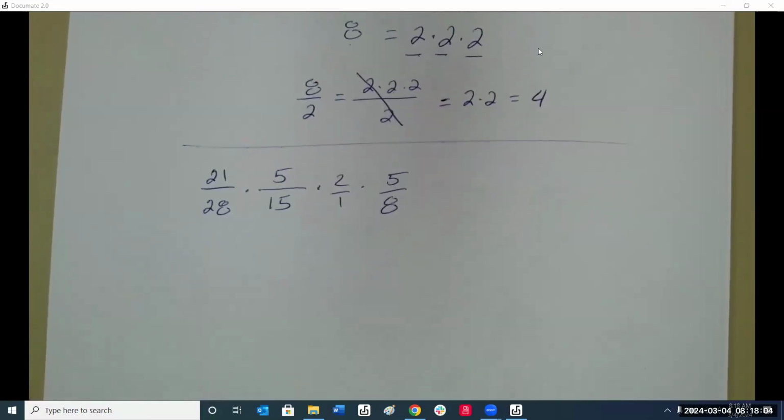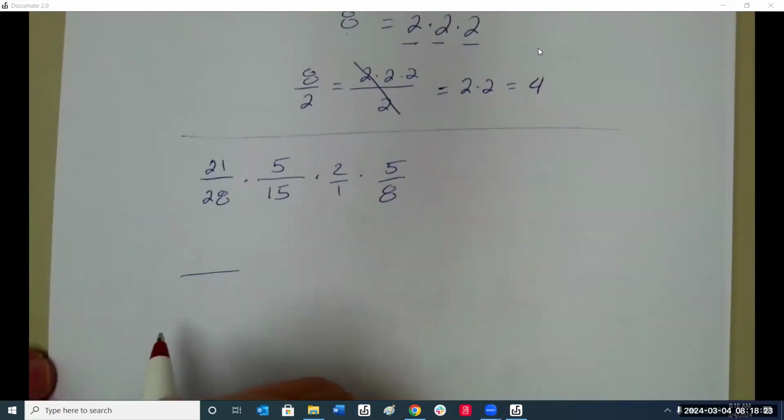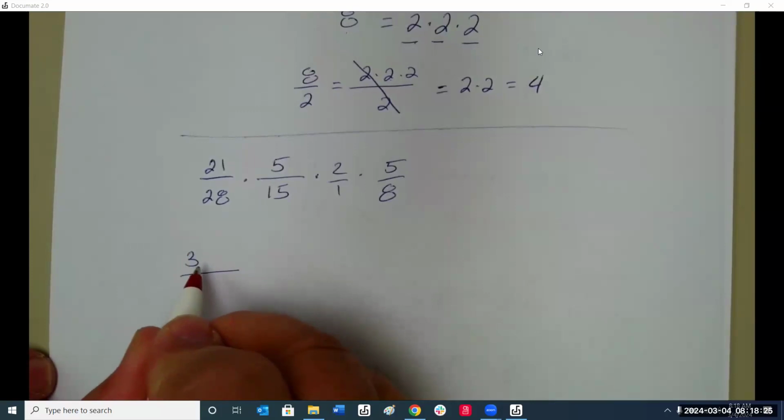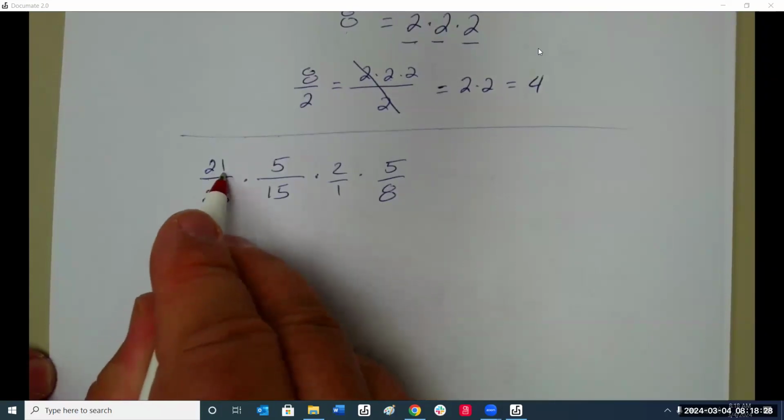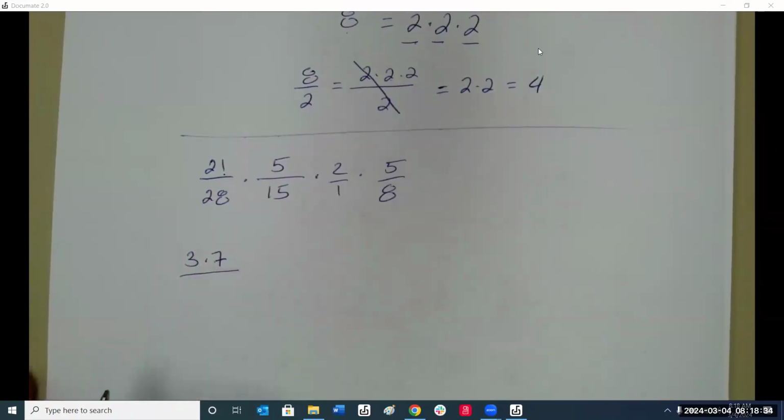How would you simplify or give me the answer? How would you work this one out? How do you mean simplify? What would you put there? What makes up 21? 3 times 7.